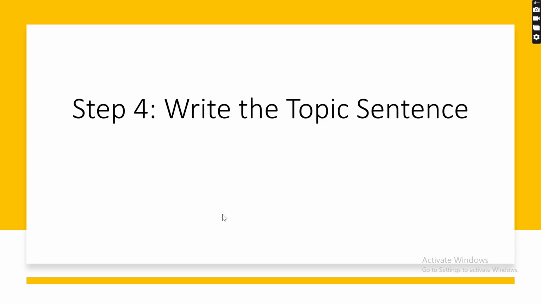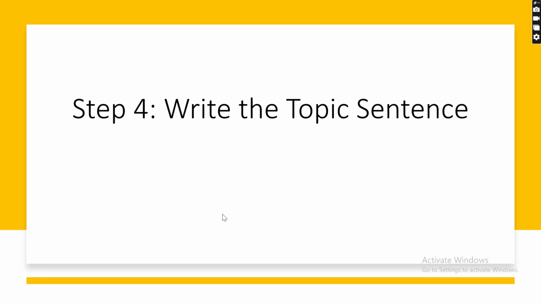It's important to make it engaging and interesting, because usually when people read your paragraph, they start from the first sentence. If it's not interesting, of course they may not continue reading it. So that's why it's very important to make it interesting and engaging to the readers.